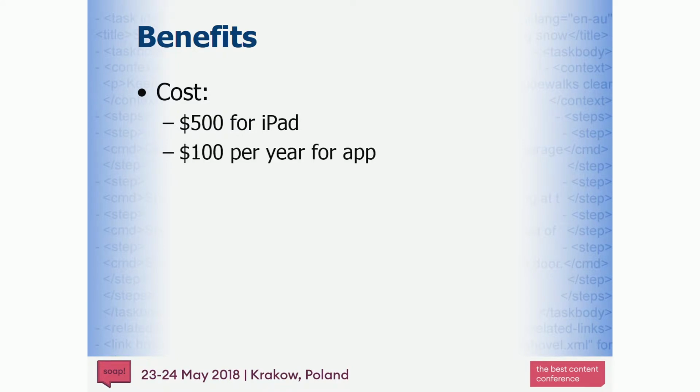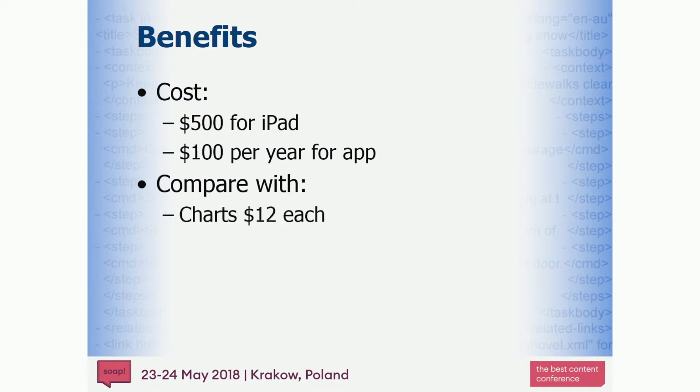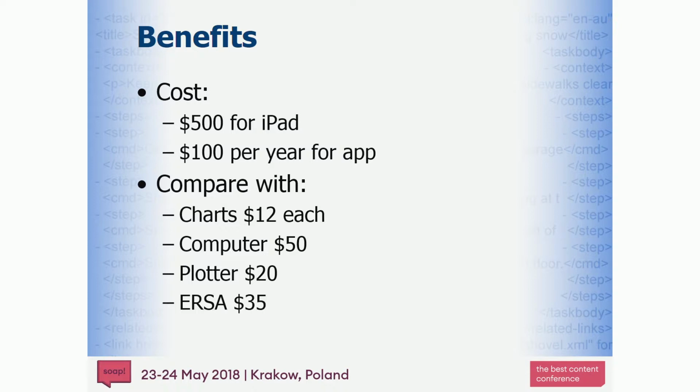The app costs about $100 a year, and then that might compare with, if you say, well, that's expensive compared to a chart. Well, it's not really. The charts cost $12 each, and one of those little computers that you play with is $50 as well. And then the little plotter, a ruler with a protractor on it, that's $20. So all those things add up anyway. So it turns out that it's roughly the same cost as the other pieces of equipment.